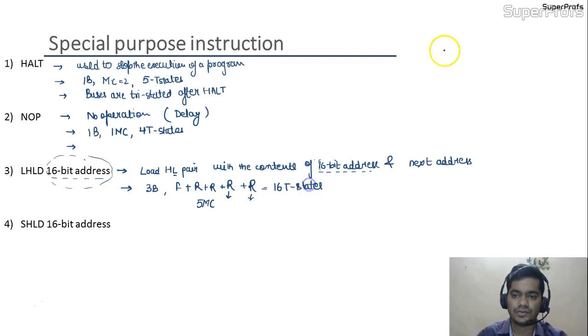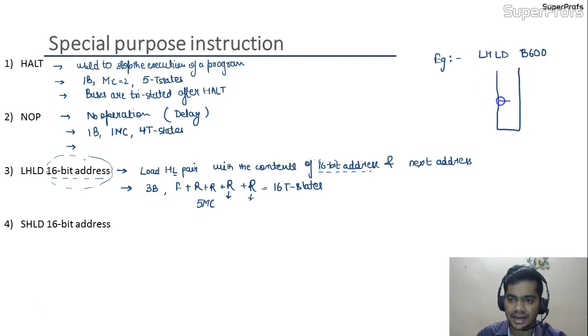If you want to see an example, you can see one example, that is LHLD B600. Suppose in the memory representation at B600 data is 40 and at B601 data is 60.